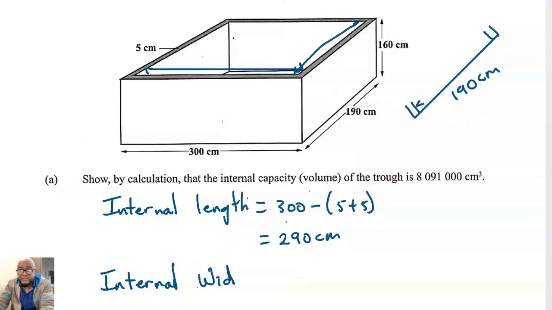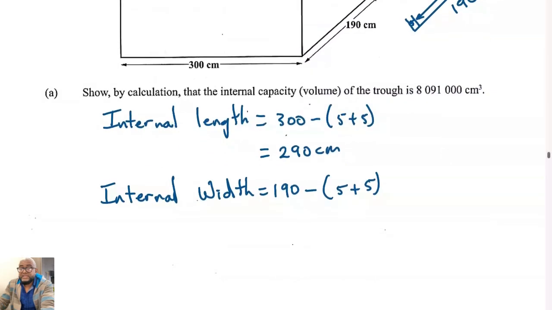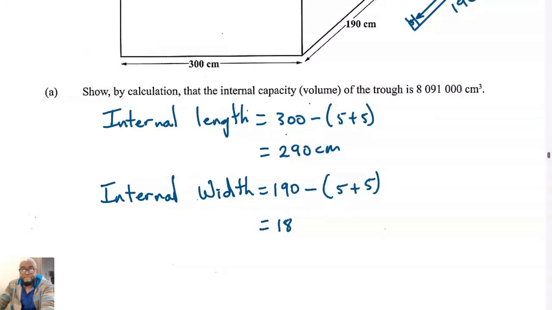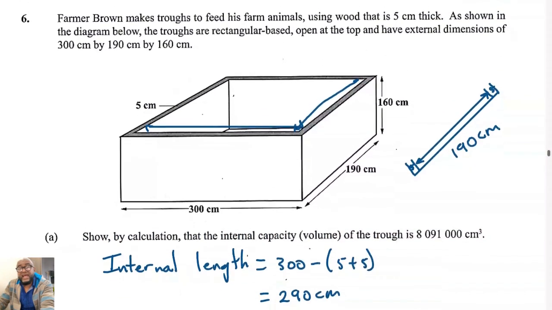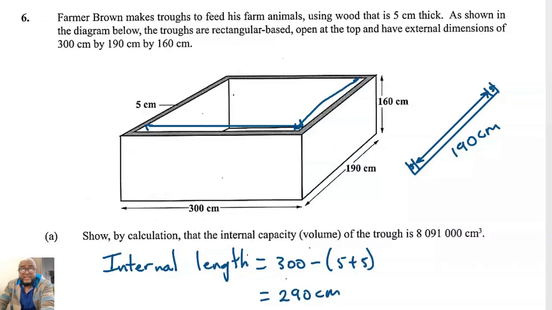And I want the distance from here to here. This is 5 and this is 5. I'll have to minus 5 plus 5, which is 10. So the internal width is going to be equal to 190 minus 5 plus 5. Everybody seen that? Which is what? 180 centimeters.